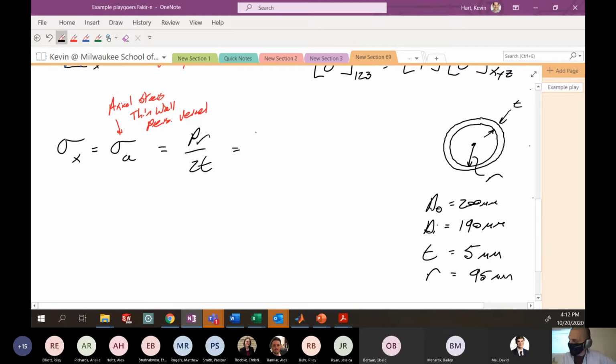My internal pressure, given at the very start of the problem, is 3 MPa.